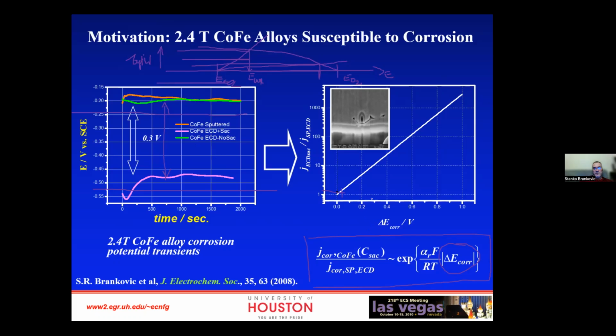But here, 0.3 volts means about factor 10. In reality, that means your device will last about 10 times shorter in some corrosive environments than the device that is made by alloys which are sputtered or electrodeposited without any saccharin.